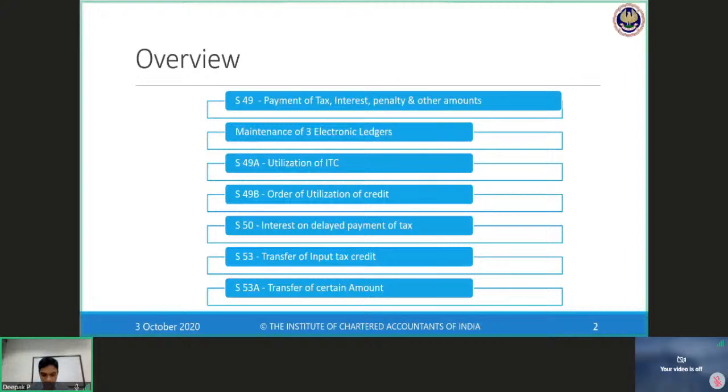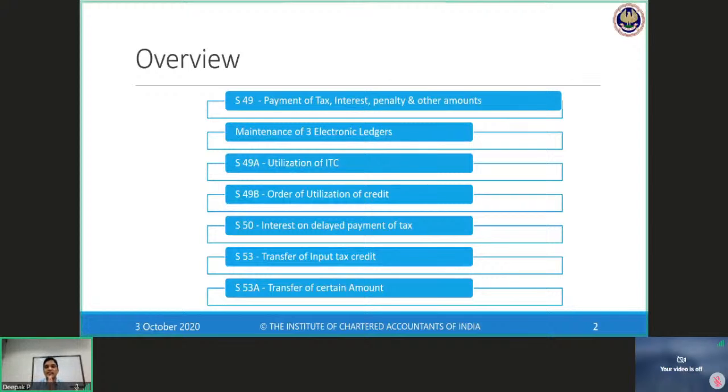Section 49 also describes maintenance of 3 ledgers, and these are called electronic ledgers because you do not have to maintain them in your normal books of accounts. You can maintain them for your clarity, because when you make payment, you will also have debit and credit of the tax payment, debit and credit of the credit utilized, then offsetting of the credit with the taxes. We have learned all of this in the input tax credit chapter.